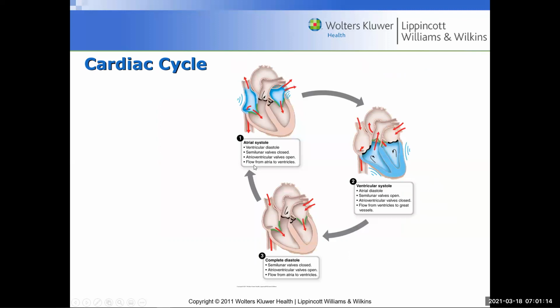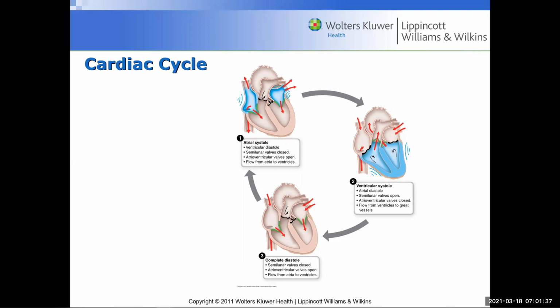Now, this is just showing a complete cardiac cycle. The cardiac cycle, which is a single heartbeat, can be divided into three stages. Open valves are shown here in green. Closed valves are red. Green arrows are pressure gradients that result in blood flow.